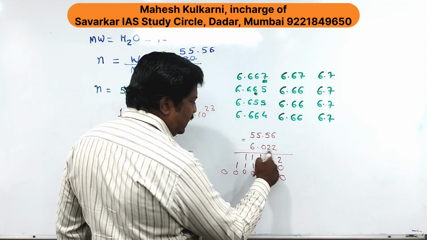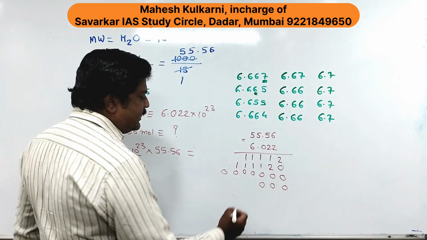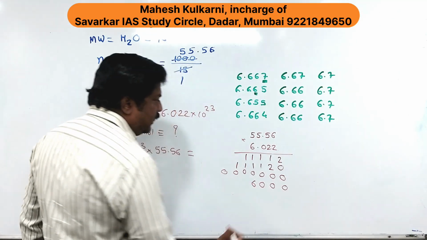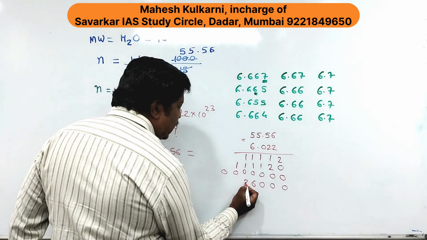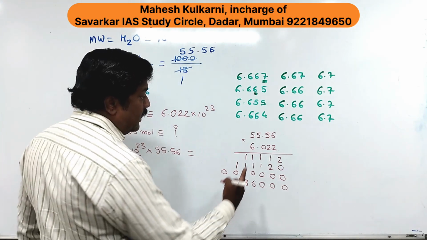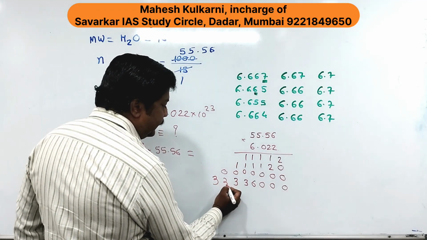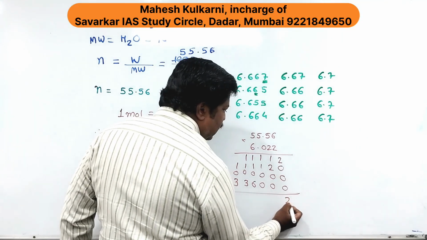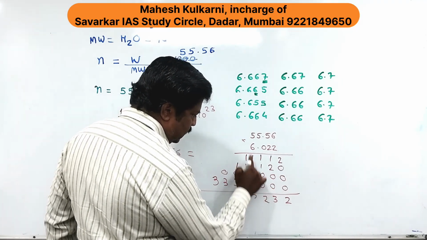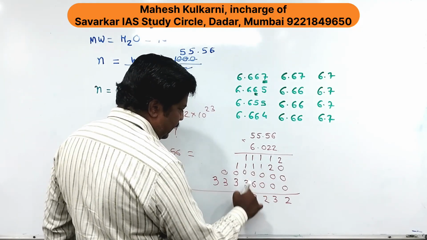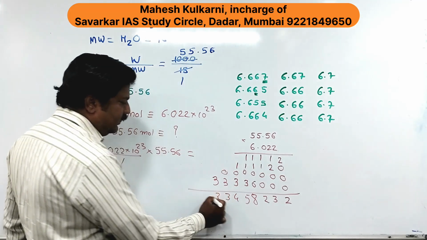And now 6. So I have to put here 3 zeros and now multiply. 6 6s are 36, carry forward 3, 6 5s are 30 plus 3, 33, carry forward 3, again the same, 33, carry forward 3 and 33. Then we add the rows: 2 3 2 2 plus 6 8 5 4 3 3.